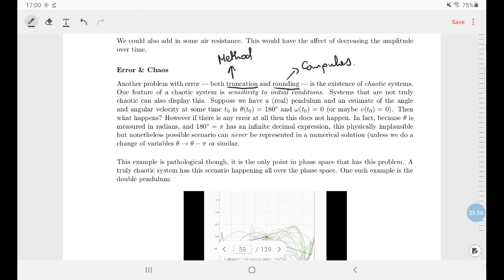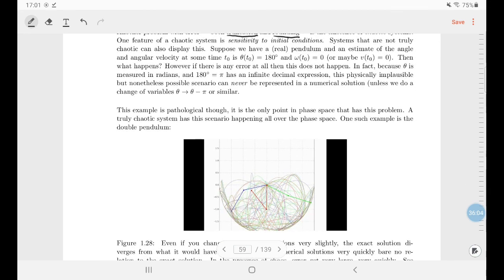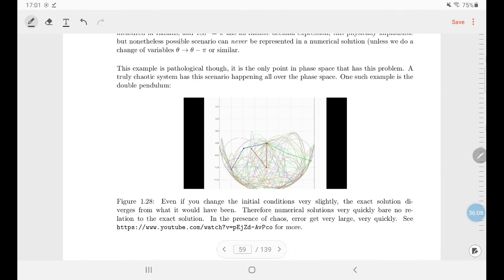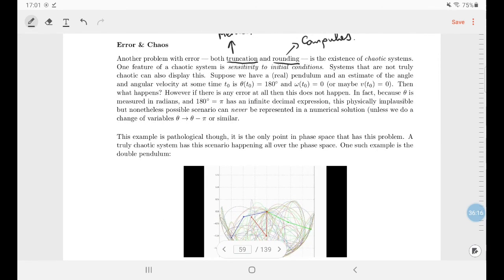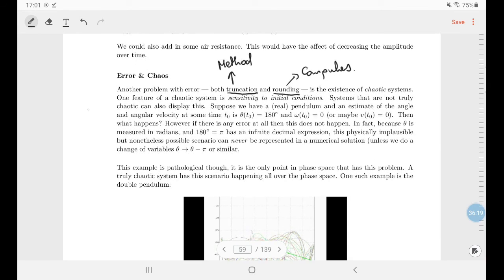Now it turns out that actually the pendulum has chaos, but it's about where you start it upright. So I think there's a video here if you want to watch it. So the real pendulum, the only problem is, say this is the initial point.